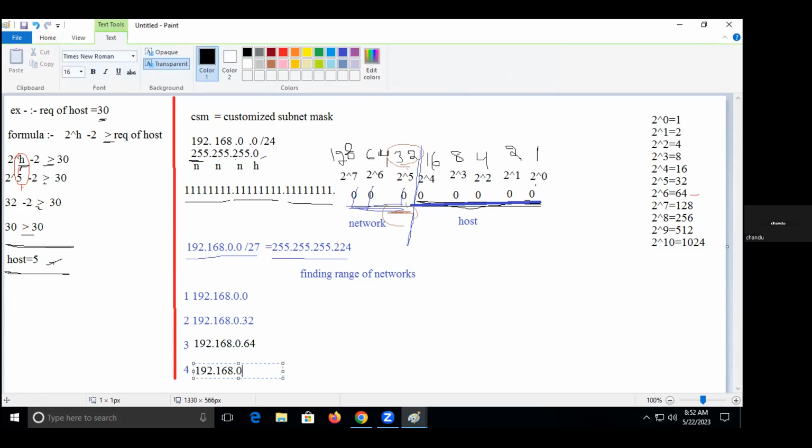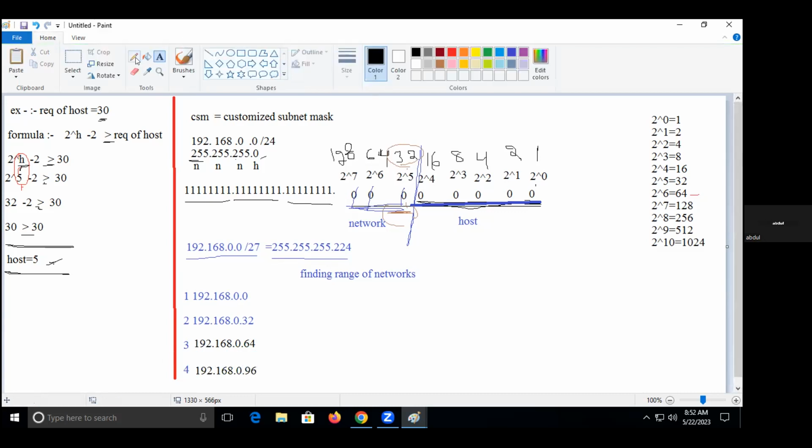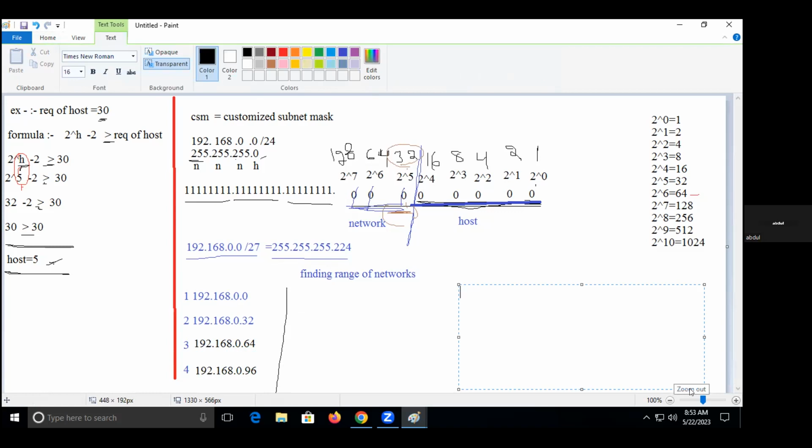So 192.168.0.32, then 96. Let me find the fifth, sixth, seventh, and eighth network, or whether we have a ninth or not.